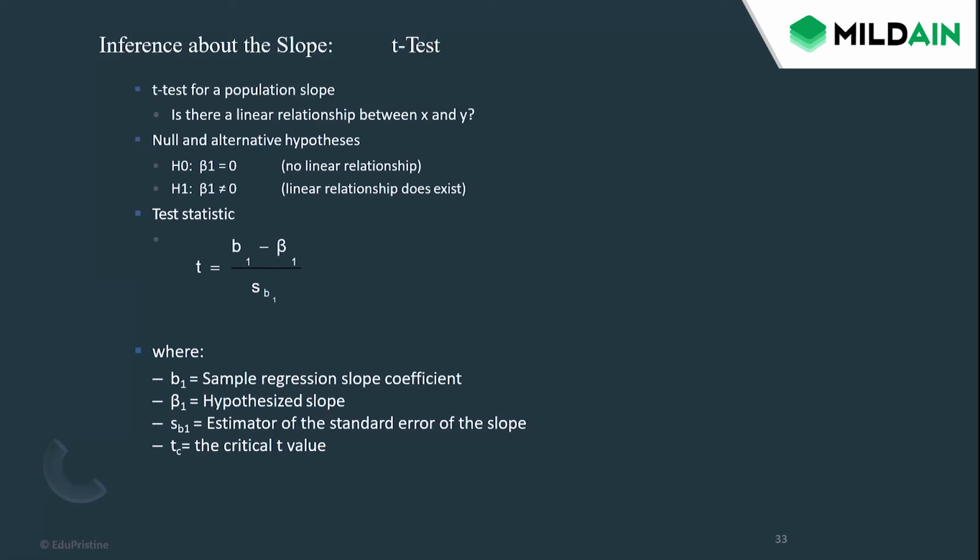The test we perform is b1 minus beta naught divided by s, the estimated error, and so on. These are standard formulas. In Python, no need to break your head; you can directly use the function called LM, linear model.